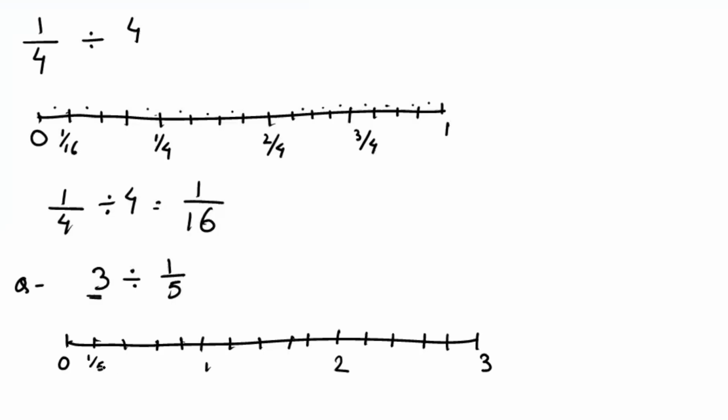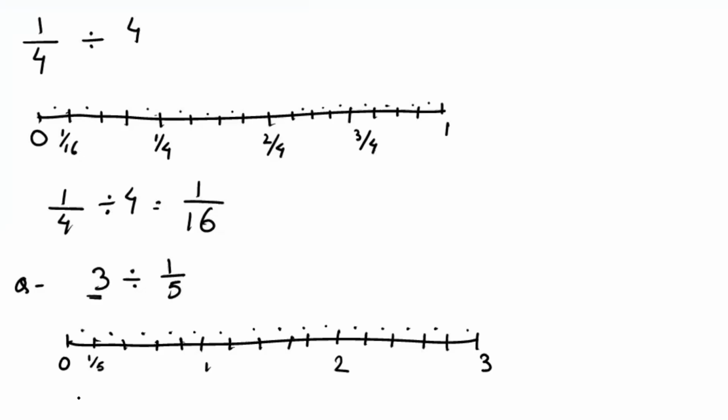Here is the 1/5. Now, how many parts of size 1/5 fit into 3? From here to here, how many 1/5 fit into 3? For that, we have to count 1, 2, 3, 4, 5, 6, 7, 8, 9, 10, 11, 12, 13, 14, 15.